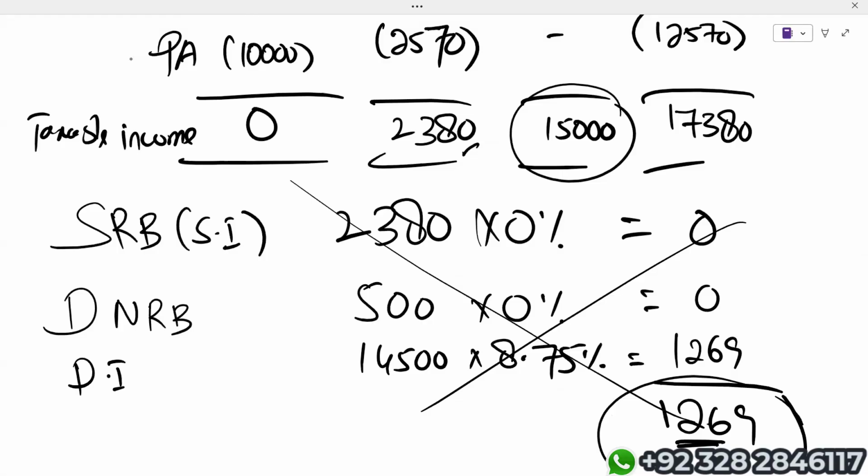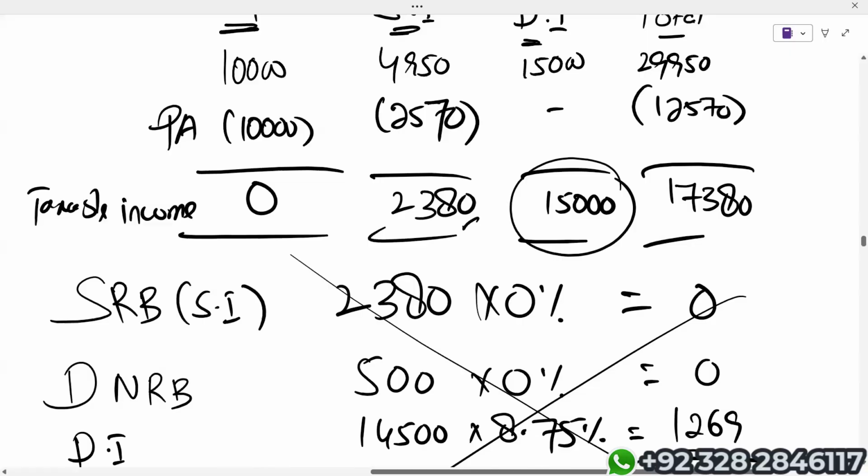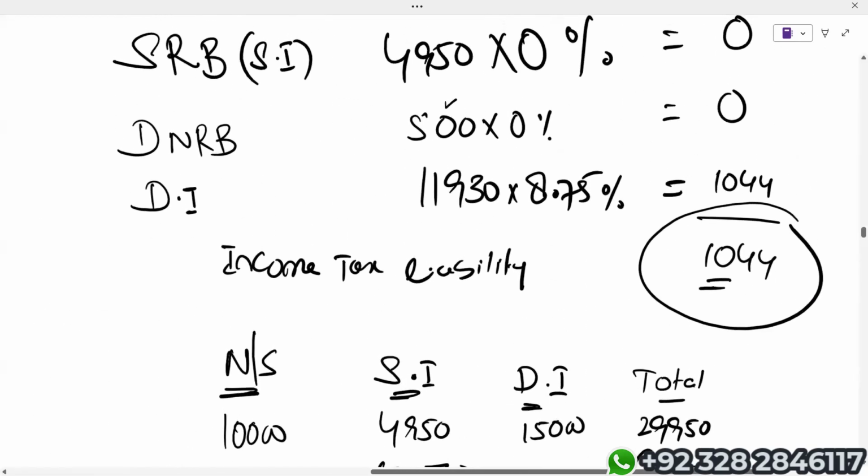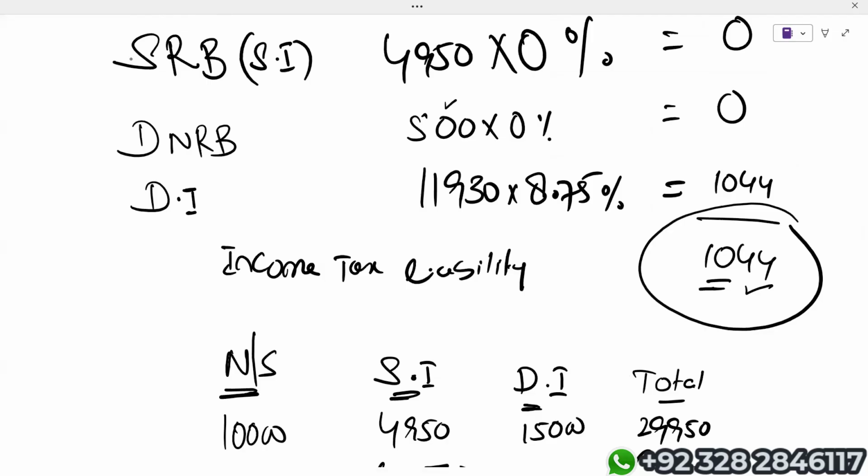In 99% of situations it is acceptable, but in this situation it is not, because if I follow the normal sequence here, we will end up paying more income tax than we should have paid. So obviously it is better to pay 1044 rather than 1269.